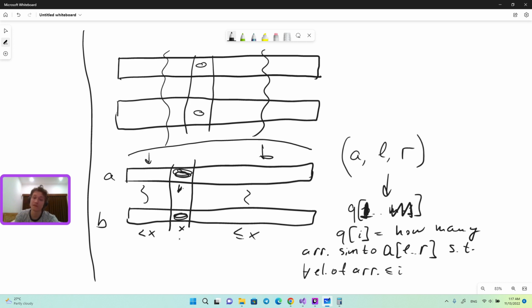Yeah, such that all elements of this array are no more than i.